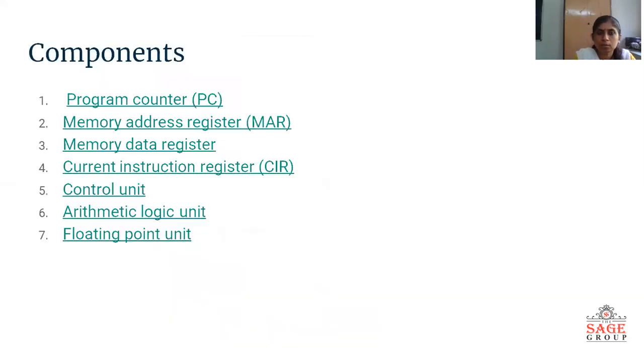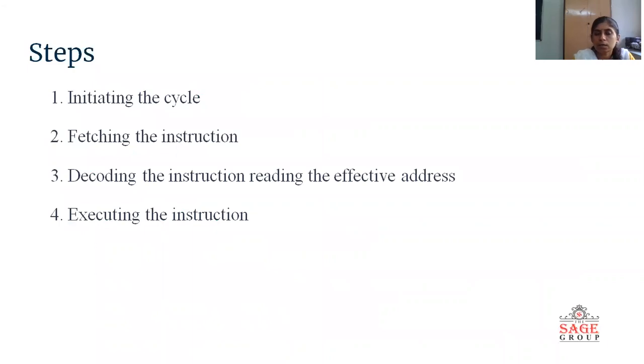These are the components: program counter, memory address register, memory data register, current instruction register, control unit, arithmetic logic unit, and floating point unit. These are the different registers which are used for storing information and addresses, and these are the important steps for execution of the instruction cycle.